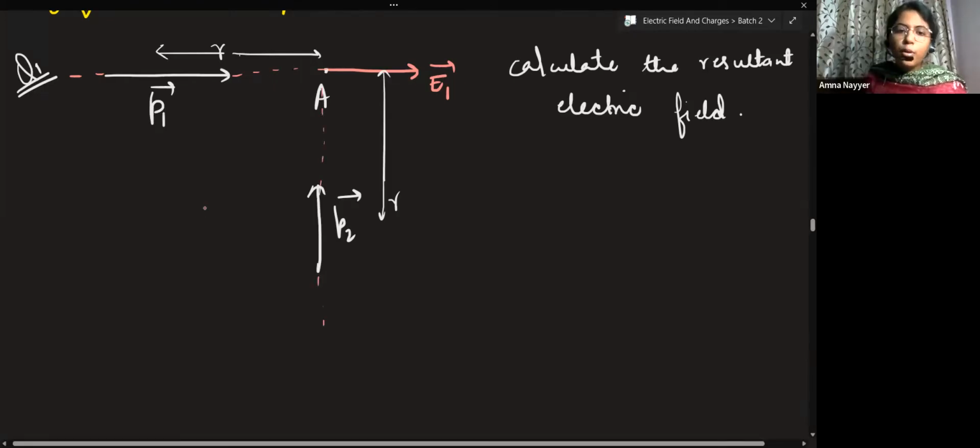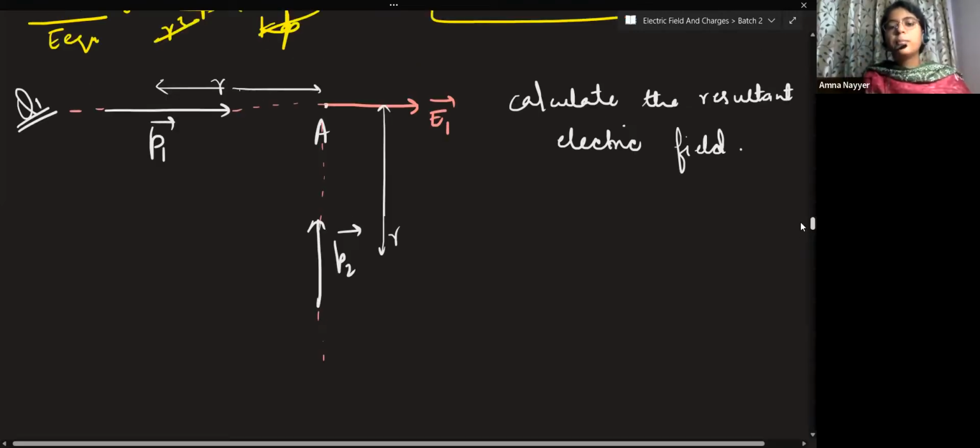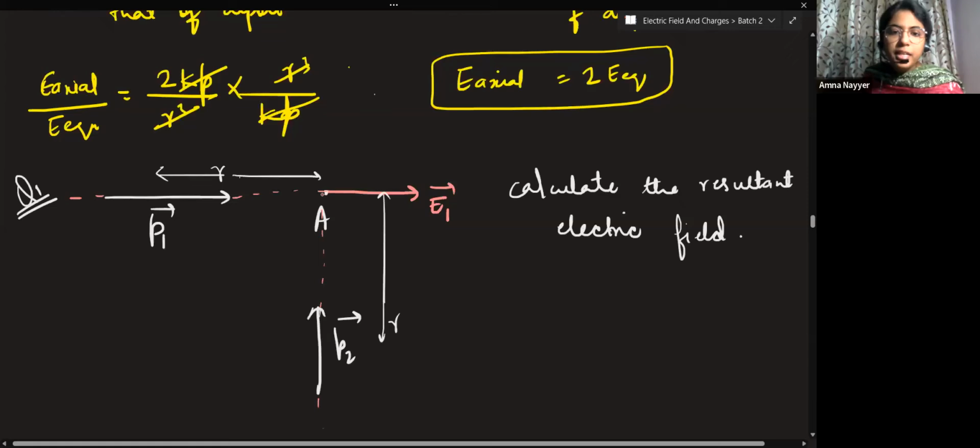Had the point been lying over here or over here, then it would have been equatorial. This is again axial. So the direction of the dipole moment is upwards, so the direction of the electric field will also be upwards. This is E2 that you are getting.